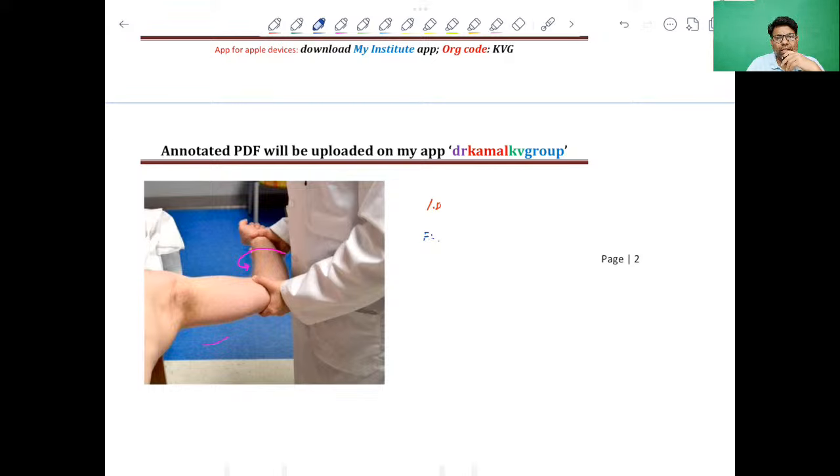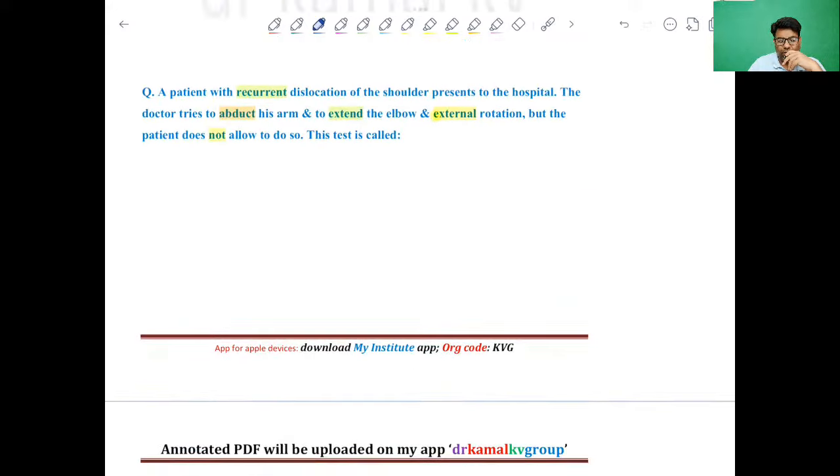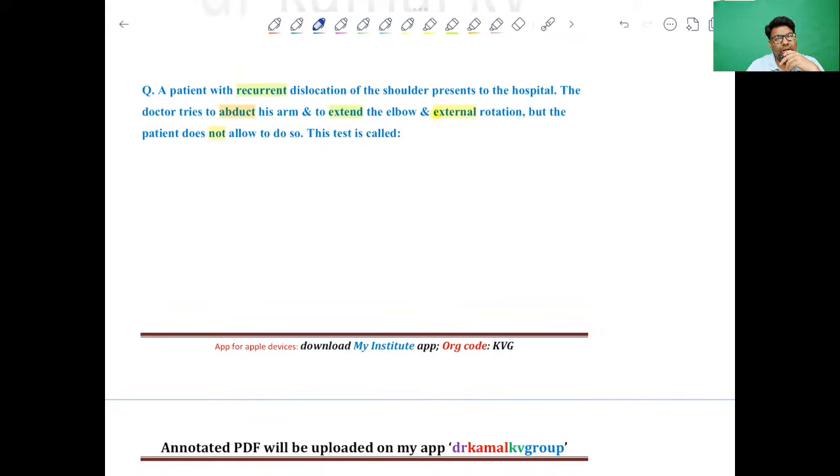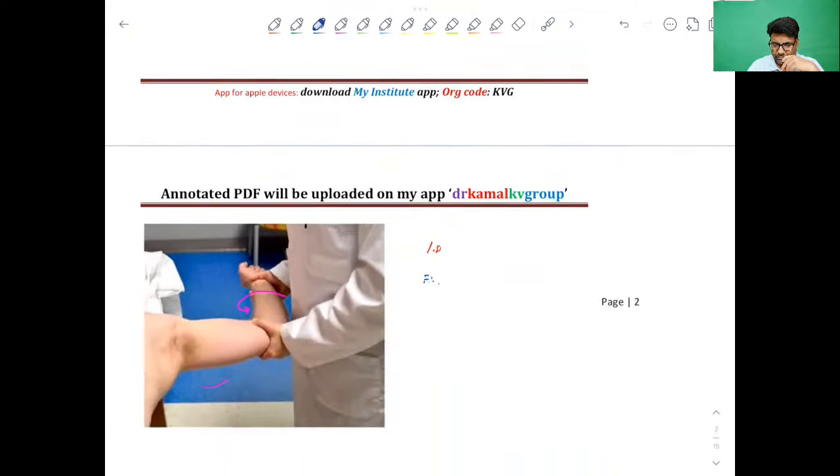So particularly in cases of recurrent anterior shoulder dislocation, the moment there is abduction and external rotation, the patient will realize that his shoulder joint is going to be dislocated, so he will become very apprehensive and will not allow the doctor to complete the test, right? So this is the apprehension test or apprehension sign, very suggestive of recurrent anterior shoulder dislocation.